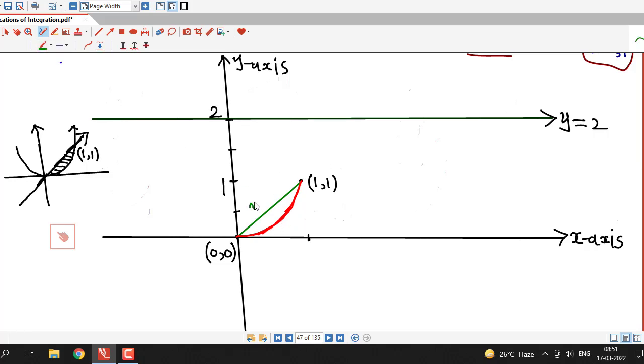Here we have y equal to x, and here we have y equal to x square. The axis of rotation is y equal to 2. So now we have to find the volume of the solid which will be generated by rotating this region R about the line y equal to 2.